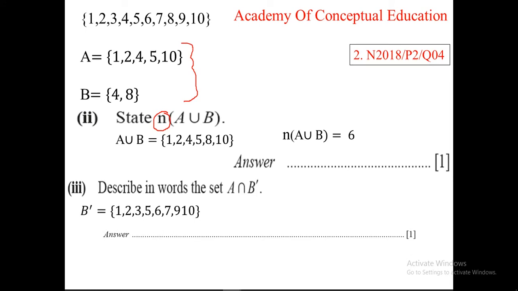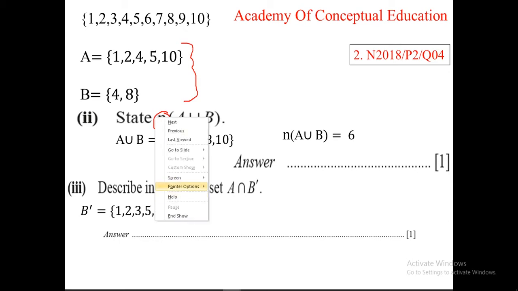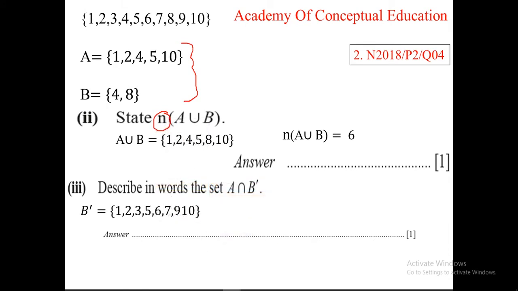B complement means we have to subtract all the elements of B from U. Now the U elements are 1, 2, 3, 4, 5 up to 10. If we subtract the B elements, it means we have to remove 4 and 8. We should not write them in the set B complement. You can see here this is the set B complement.